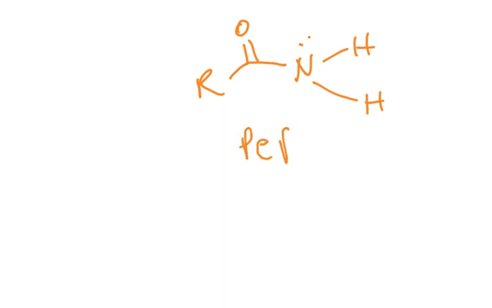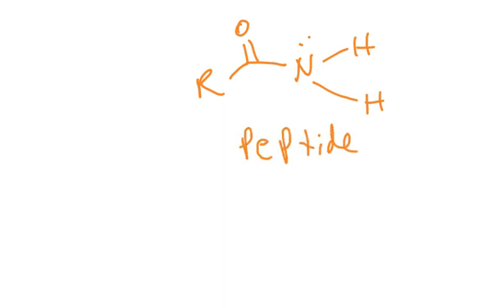Another one is the amide group. So not amine, but amide. If we drew what that looked like, an example would be something like this, where you have a C double bond O and then a single bond to the N, and then the N is also bound to other atoms. This would be an amide functional group. And this is really important when it comes to peptide bonds.